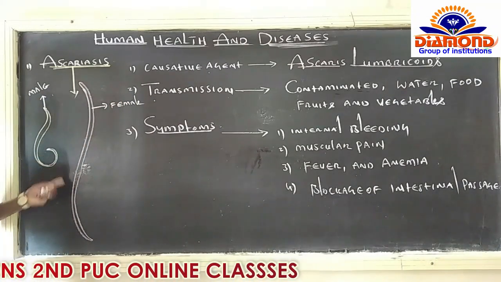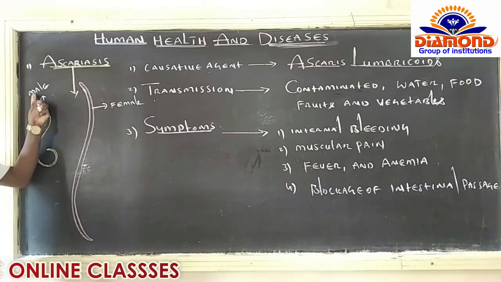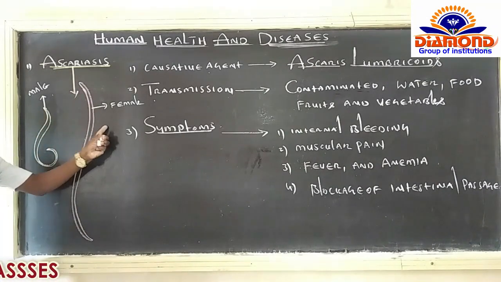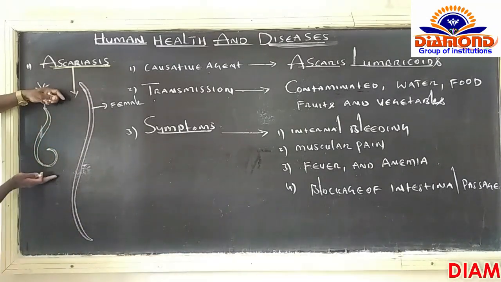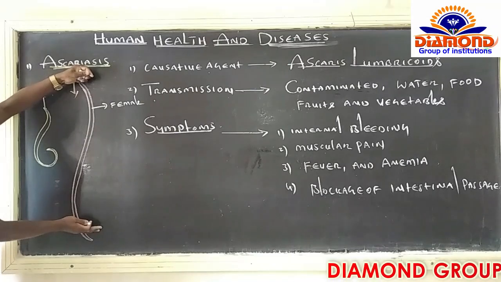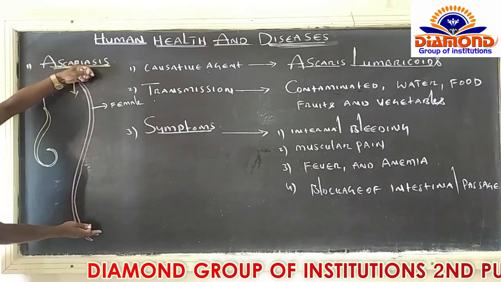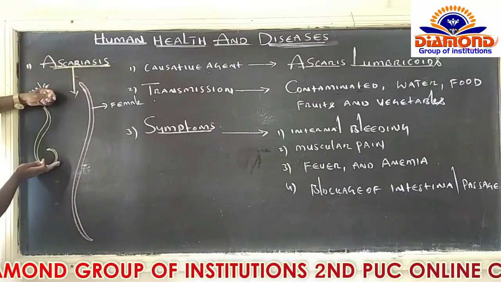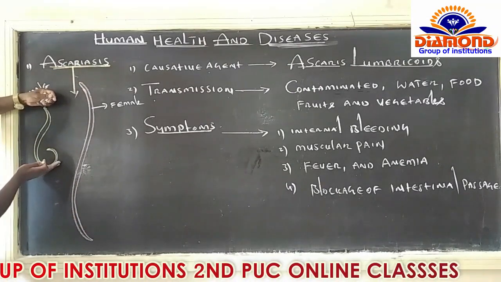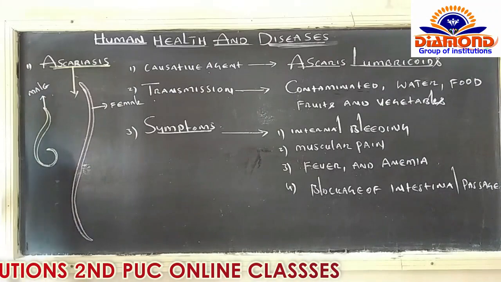The Ascaris male is much shorter than the female organism. The female Ascaris lumbricoides is very long and lengthy, but the male organism is very short only.